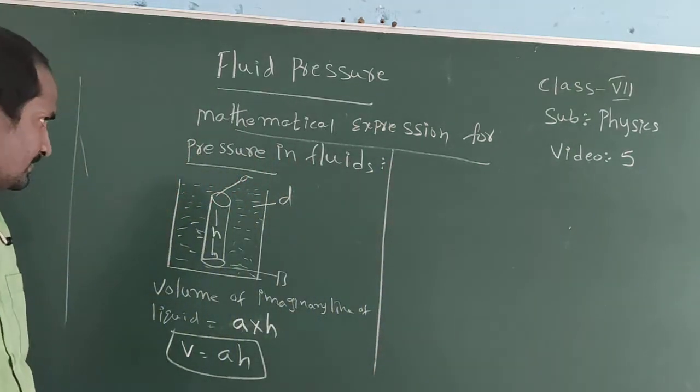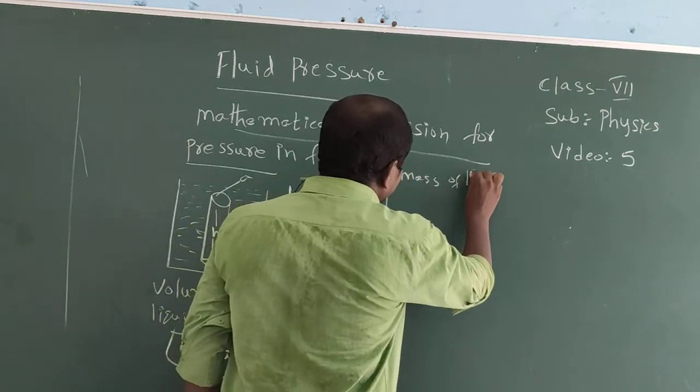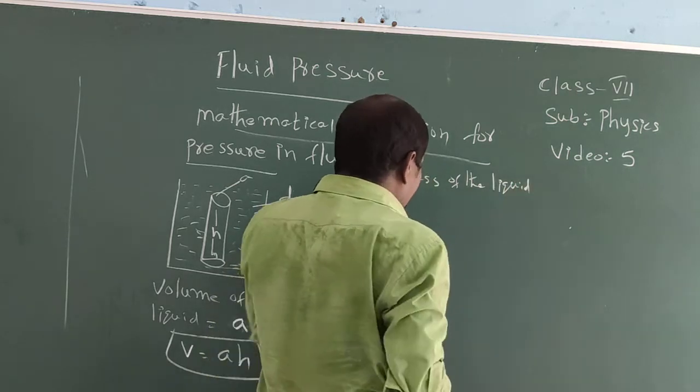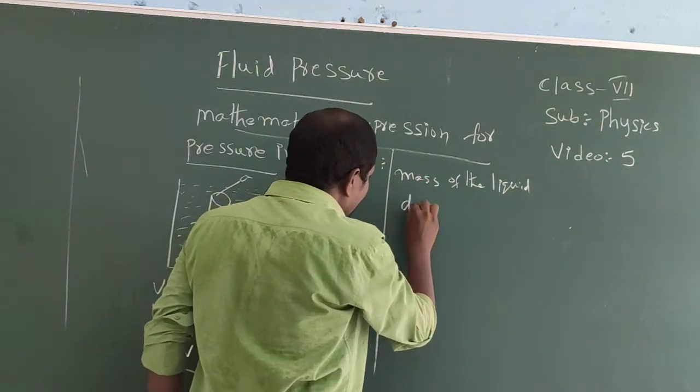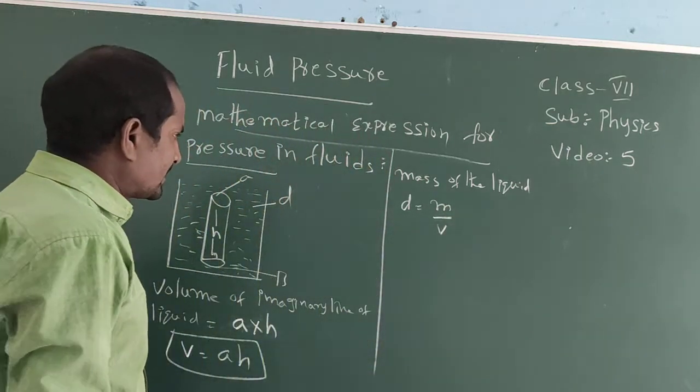Now the mass of the liquid. So we know that D equal to mass by volume.